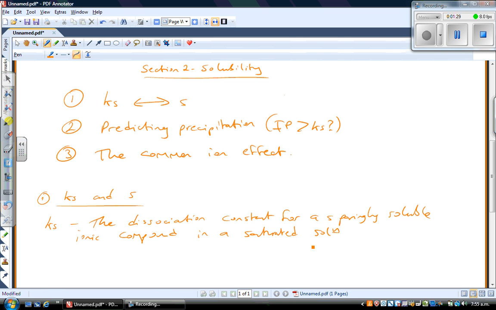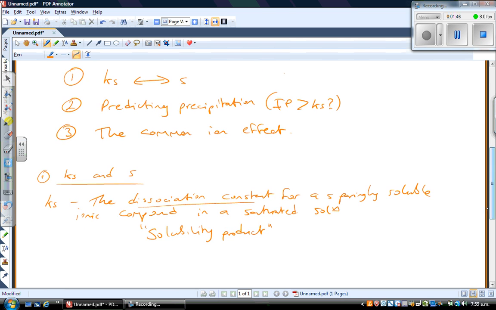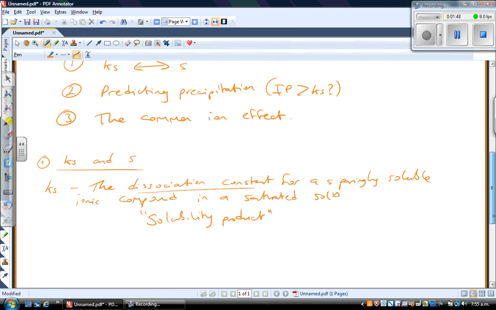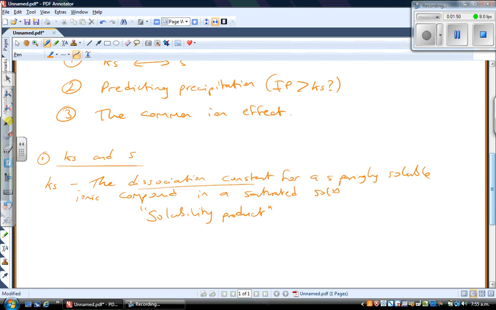So Ks is known as the dissociation constant. It's also referred to as the solubility product. It may get a little bit similar after a while, so you need to be really clear of which one you're dealing with. So Ks is also known as solubility product, and it's the dissociation constant for a sparingly soluble ionic compound in a saturated solution.